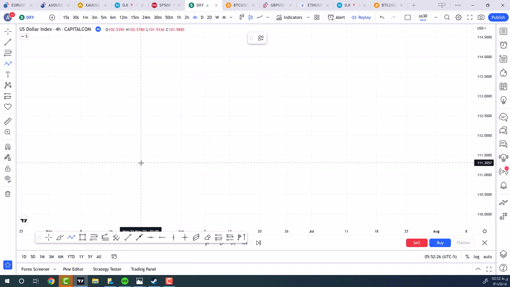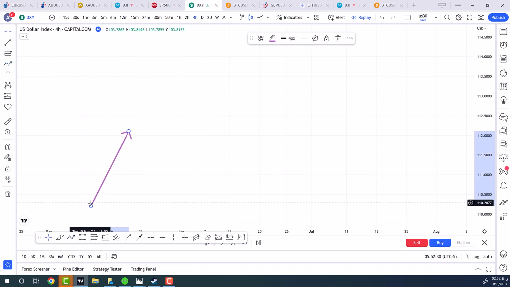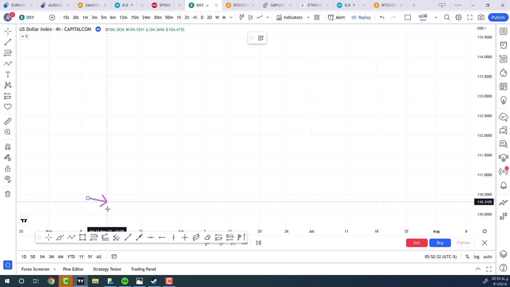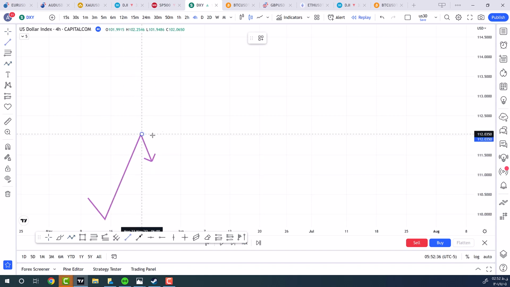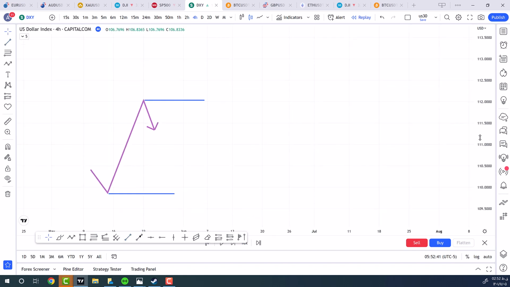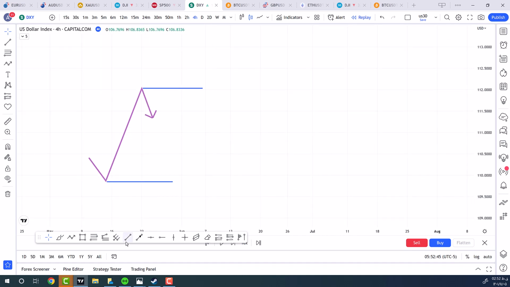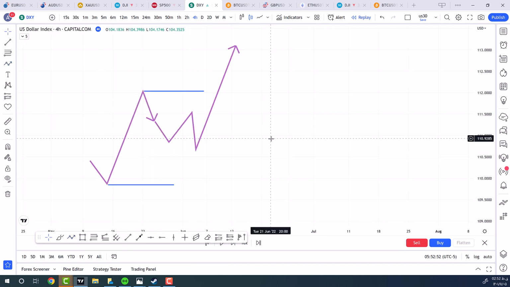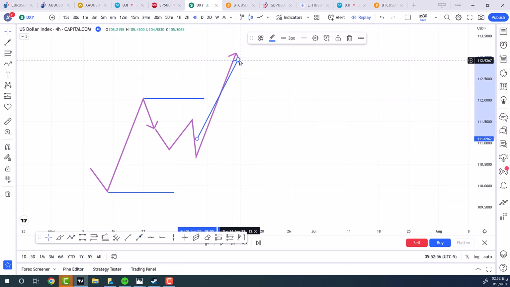Let's summarize it. So when we have our primary structure from, for example, this point to this point, this high is our primary structure and this low is our primary structure low. So we wait until the low or the high gets broken. For example, it pulls back and it breaks the high, then it is our primary leg.